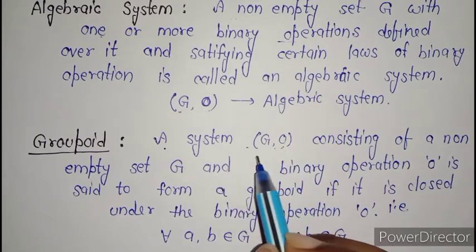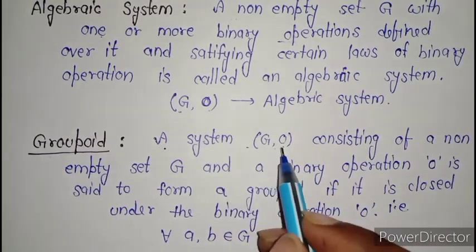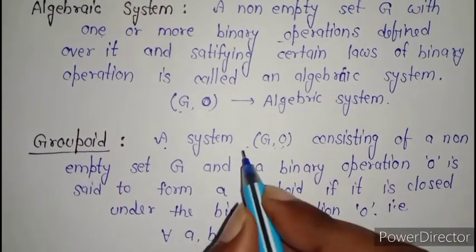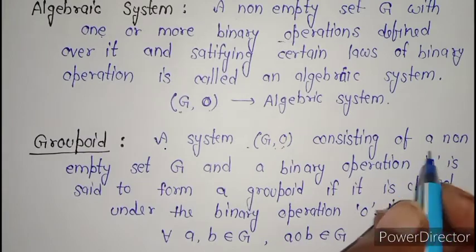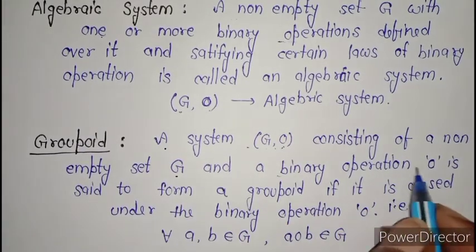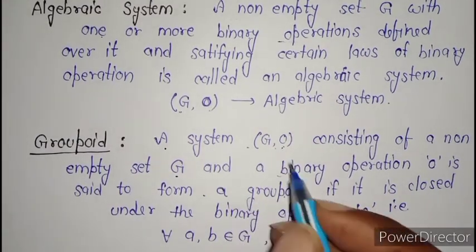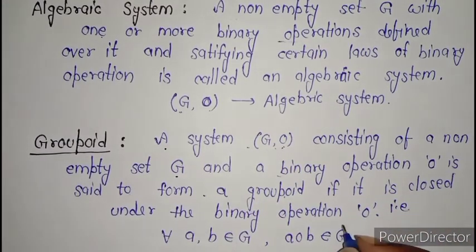I will take some examples to show what the binary operation should be for a given set. So a system that consists of a non-empty set G and a binary operation O is said to form a groupoid if it is closed under the binary operation O.